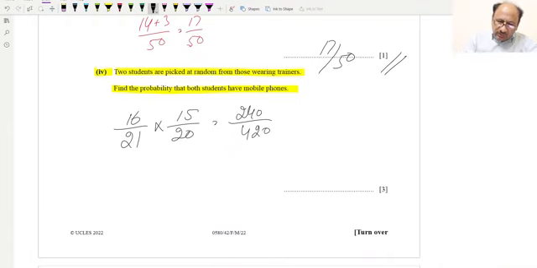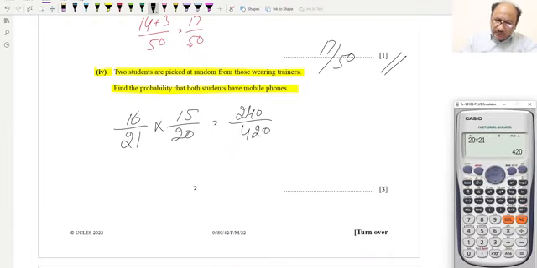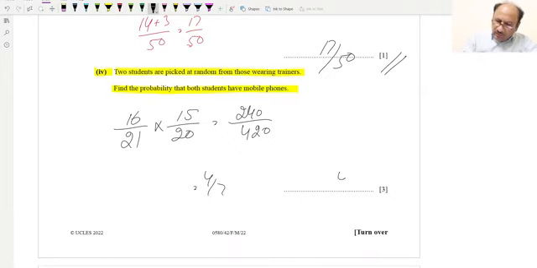So we can give this as the answer, or we can provide the answer in simplified form. That will be 240 over 420 is equal to 4 by 7. So we can write the answer as 4 by 7 also, and this is the mark.